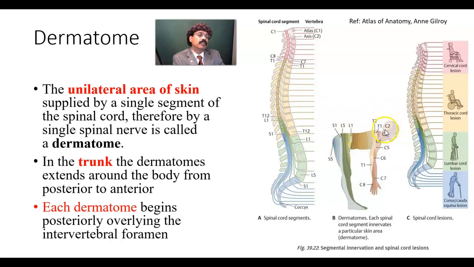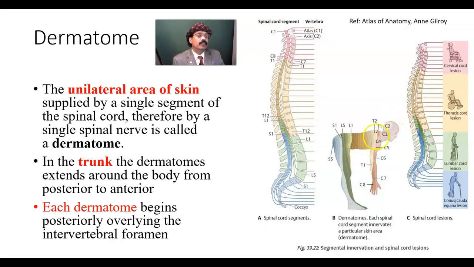If we think this way from our history of evolution, this is the position in a four-footed animal. Here is the C2. We have no C1 dermatome because C1 has no cutaneous innervation for the skin.